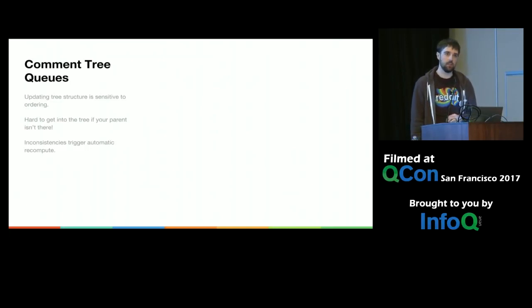So if I insert a comment and its parent doesn't exist, that's kind of weird in a tree structure, right? So that needs to be watched out for because things happen. And the system had some stuff to try and heal itself in that situation where it will recompute the tree or try to fix up the tree.